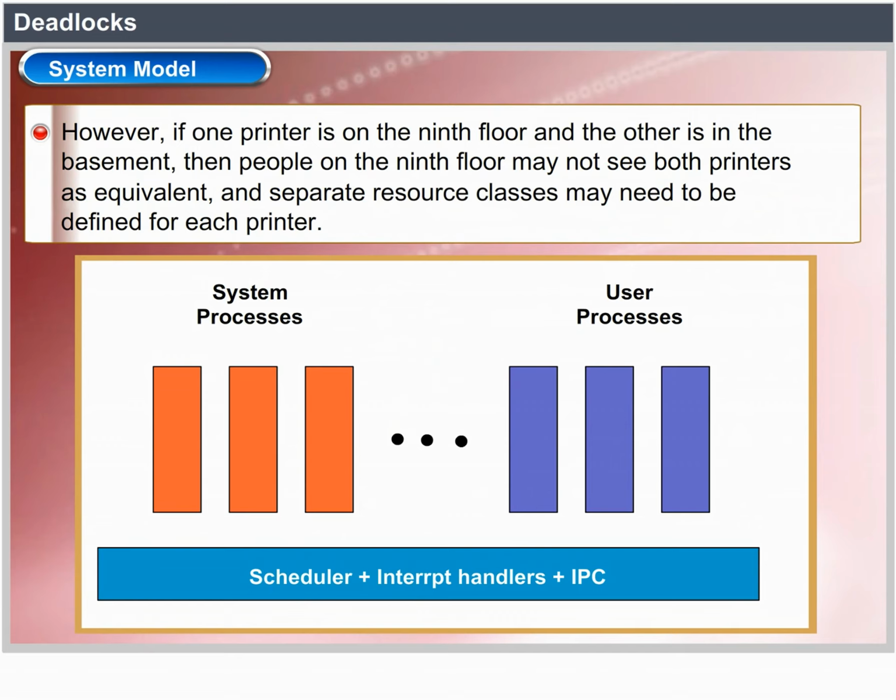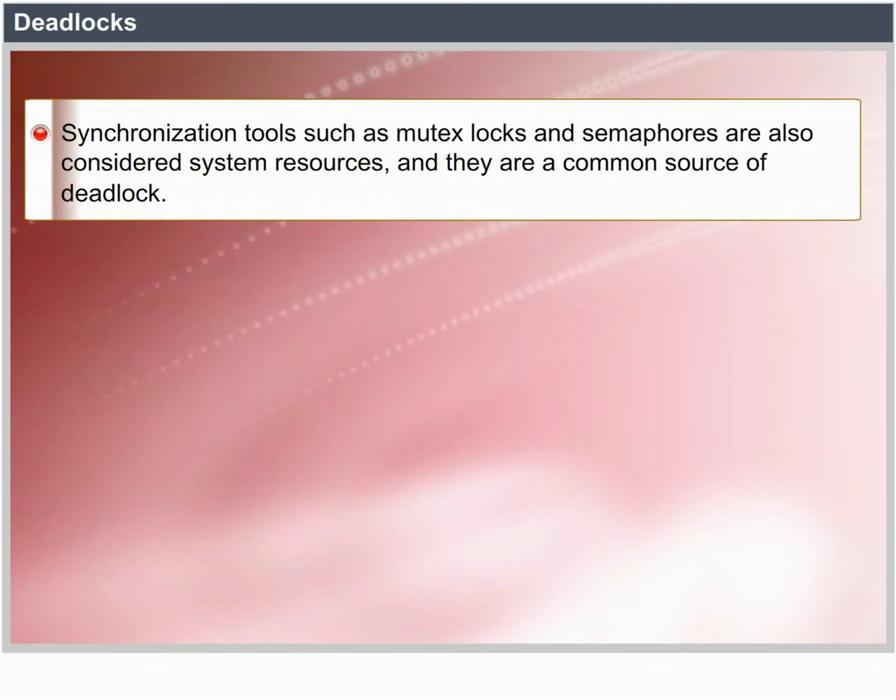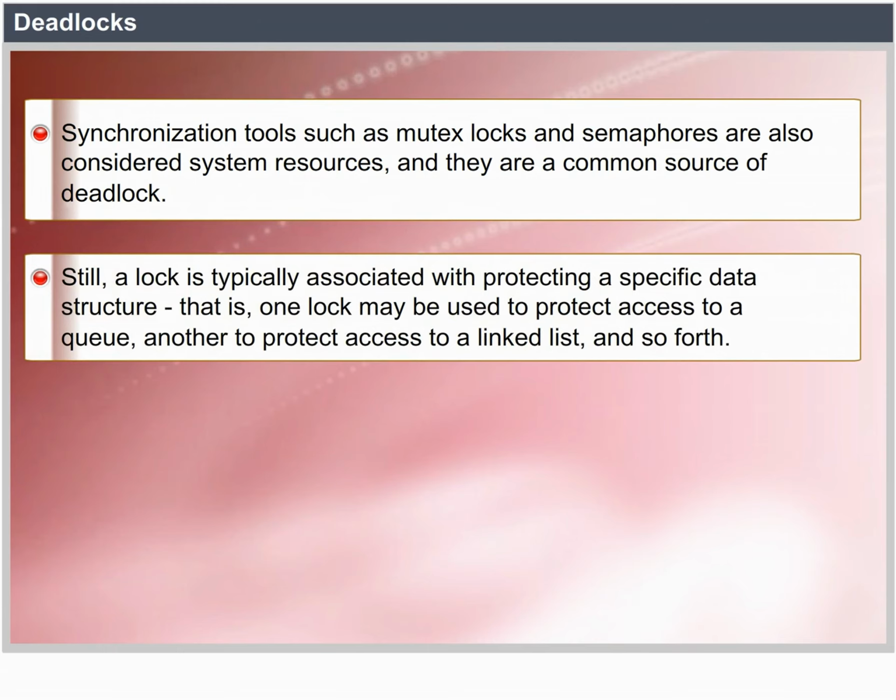Synchronization tools such as mutex locks and semaphores are also considered system resources, and they are a common source of deadlock. However, a lock is typically associated with protecting a specific data structure. That is, one lock may be used to protect access to a queue, another to protect access to a linked list, and so forth.